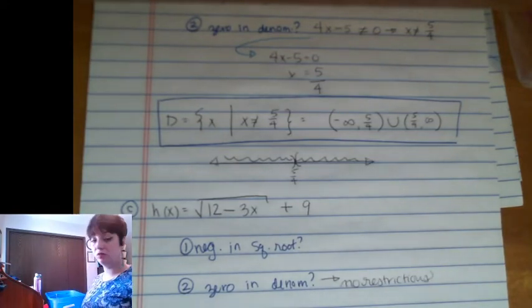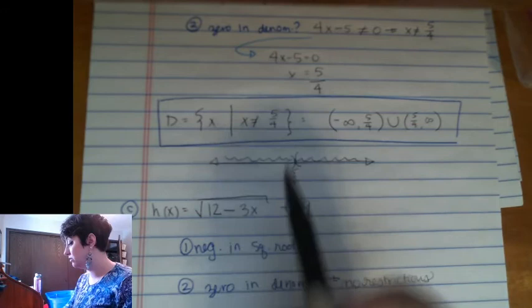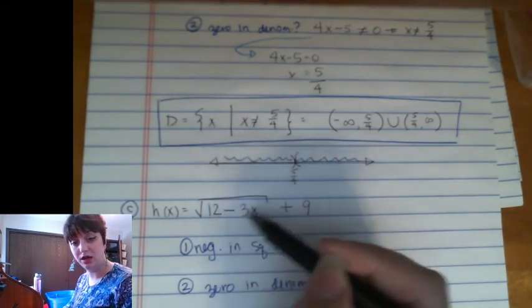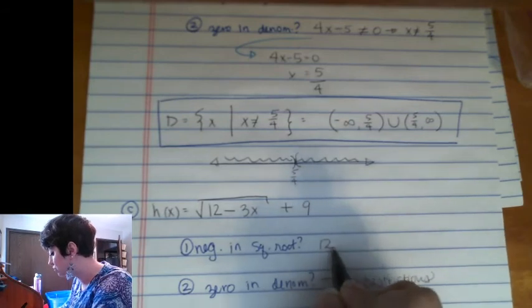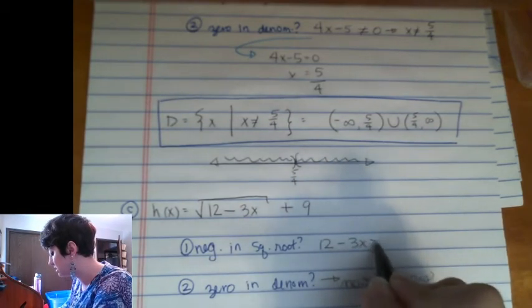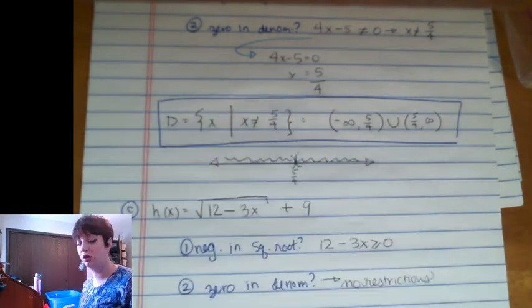The first one, negatives and square roots. Yeah, I do have a square root. So that means I need to make sure that whatever goes in here is non-negative. So my condition would be that 12 minus 3x has to be bigger than or equal to 0. So the argument has to be non-negative.